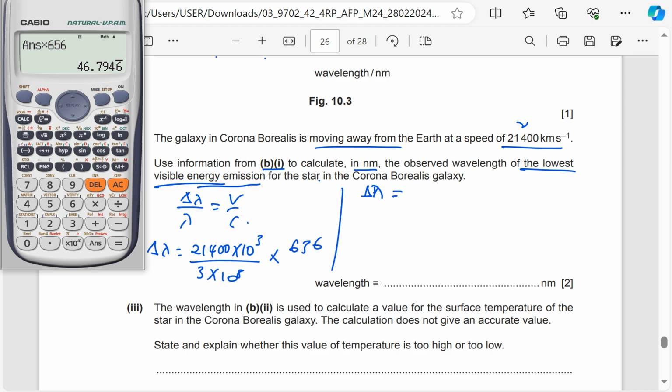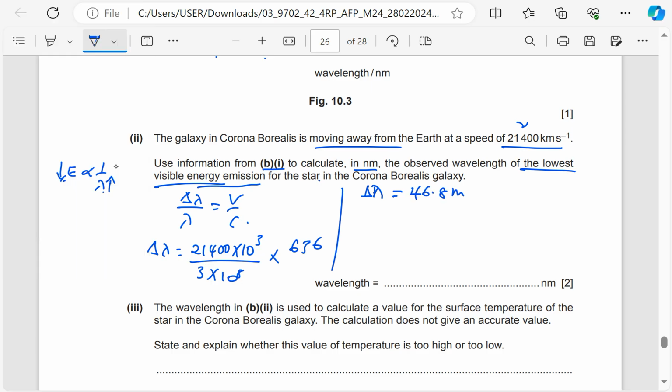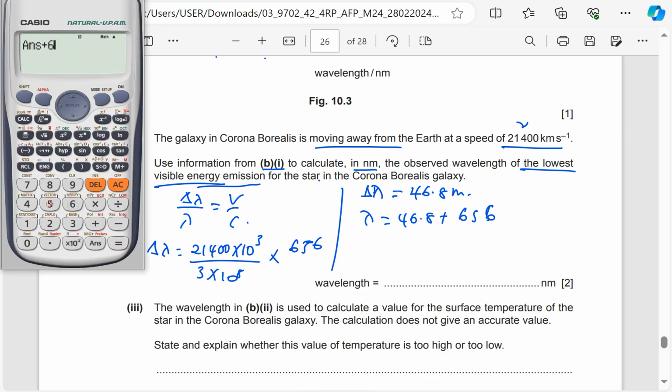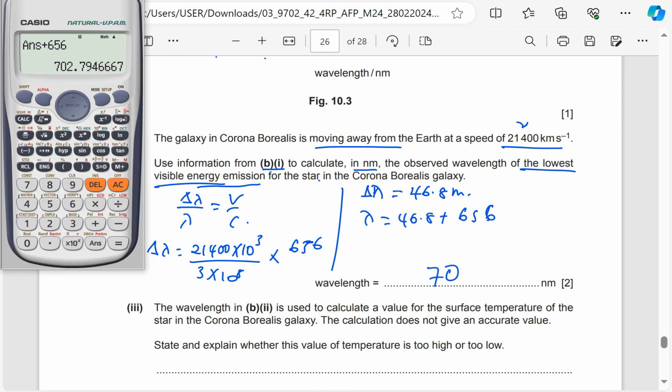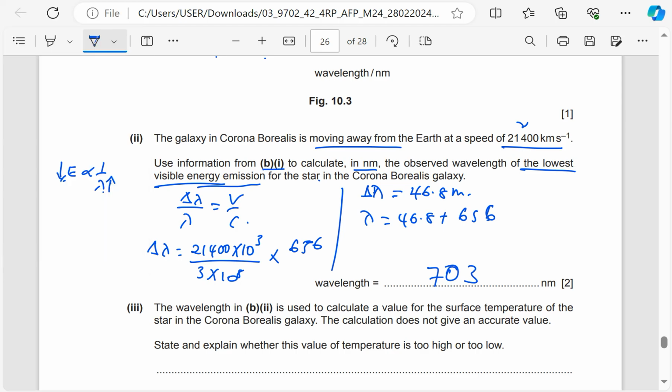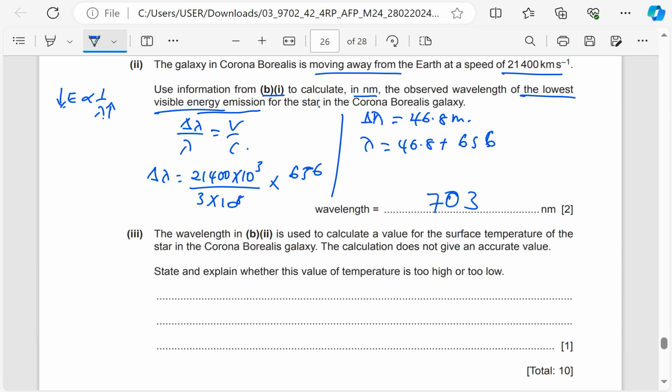The change in wavelength is 46.8. So the new wavelength is 46.8 plus 656, which is 703 nanometers. That is the wavelength of the lowest visible energy.